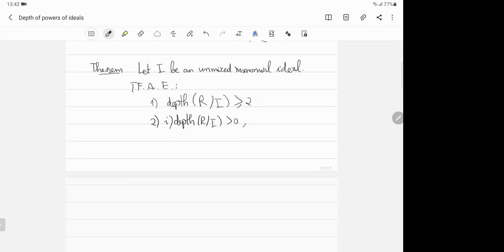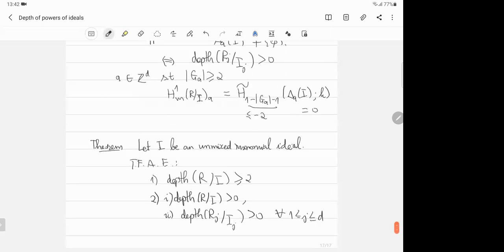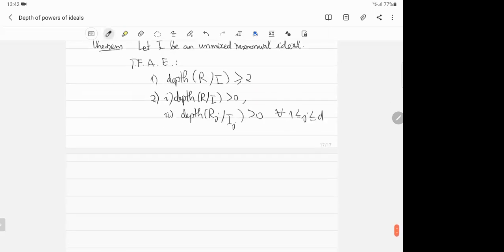The maximal ideal should not belong to the associated primes. Secondly, all the localizations of I at one vertex have positive depth. So Rj and Ij is as in the previous result. And finally, for all non-negative vectors in R^n, this degree complex is connected.